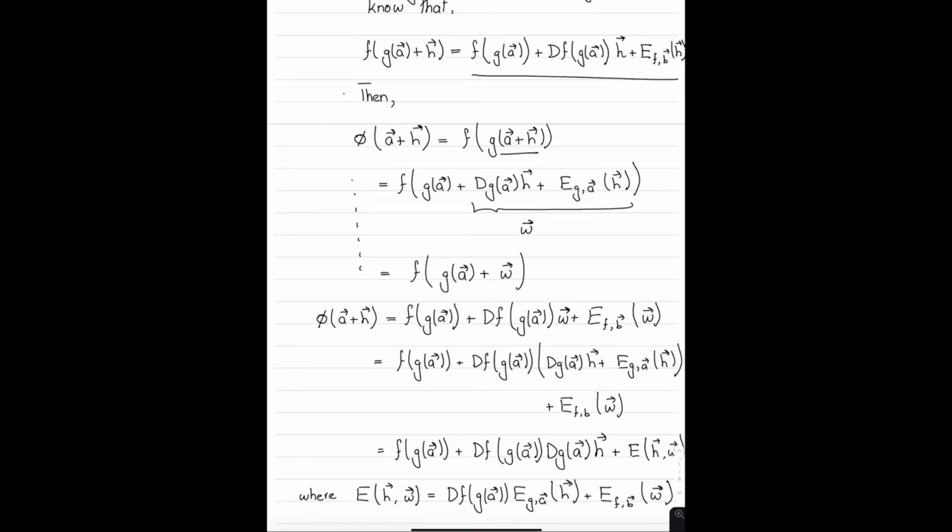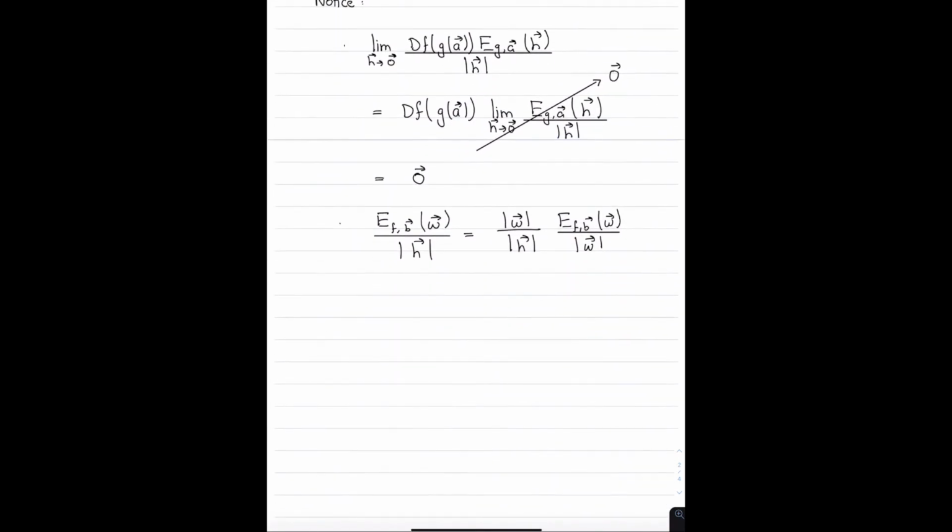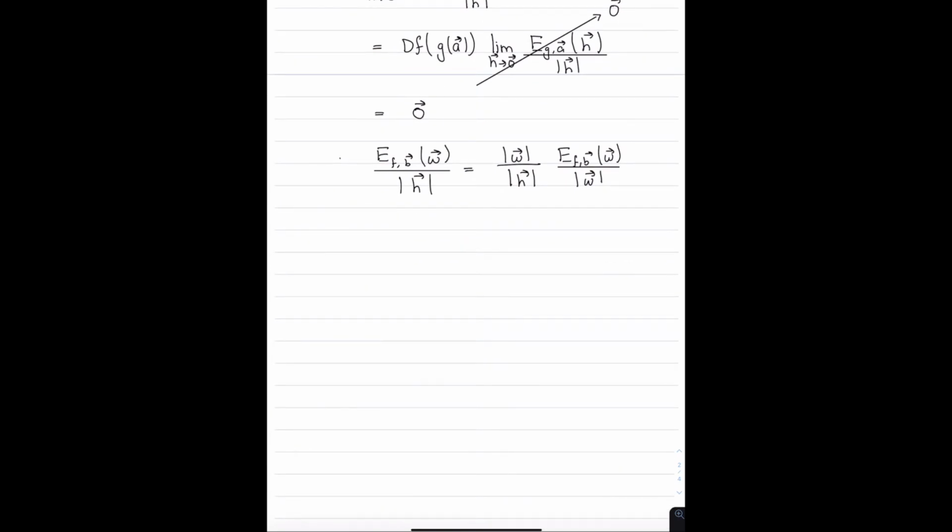If we look at this piece, this is what we define vector w to be. So I'm just going to copy paste this back. So we know that vector w is equal to this piece. Now, let's see what happens as h approaches the 0 vector.